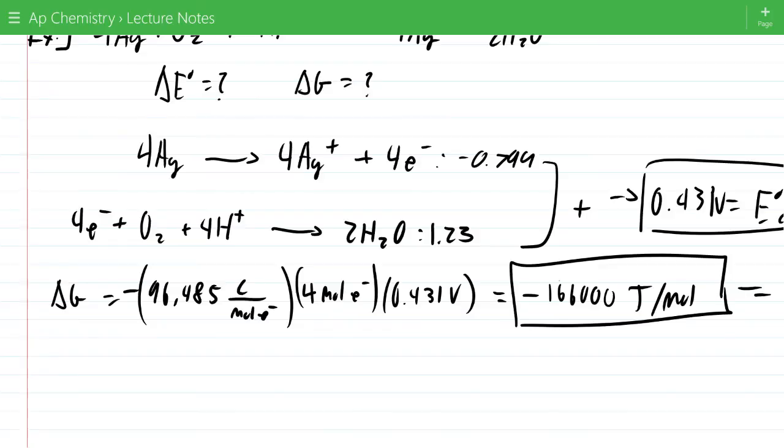Cool. Okay, one last thing I want to mention. There's this diagram in your book.